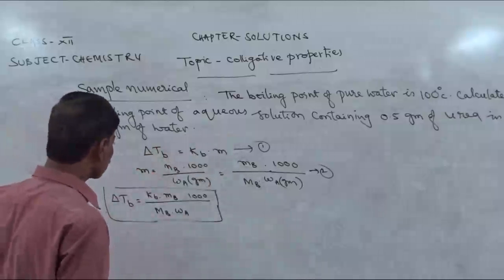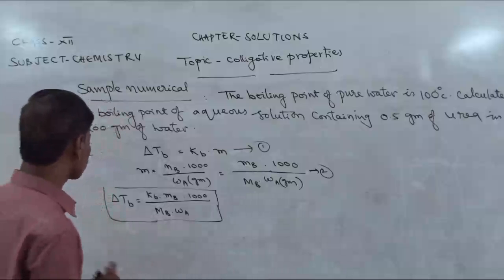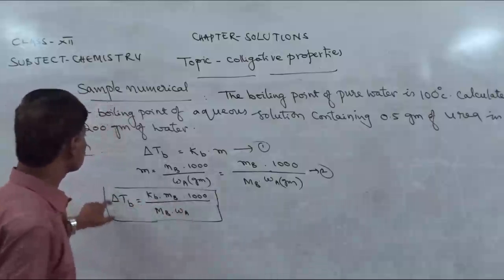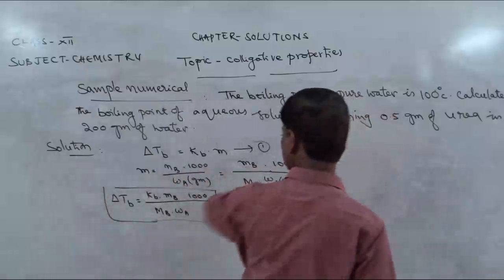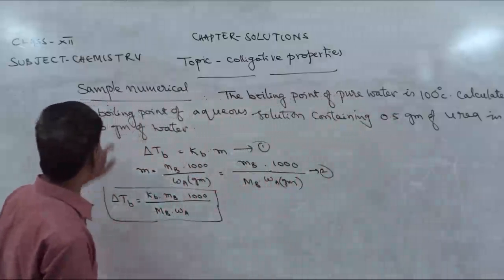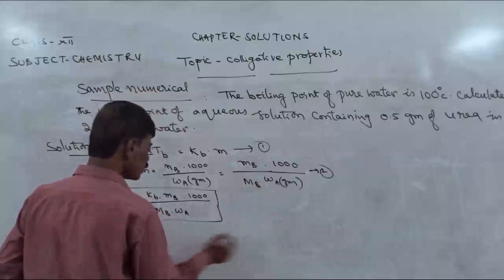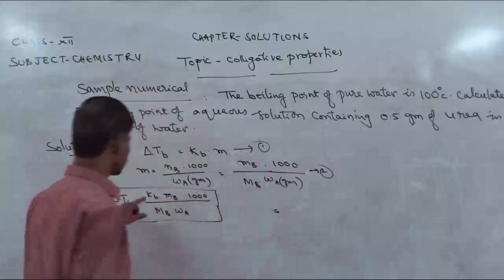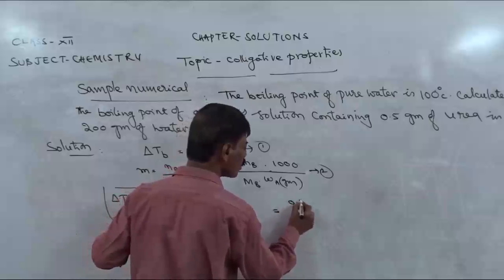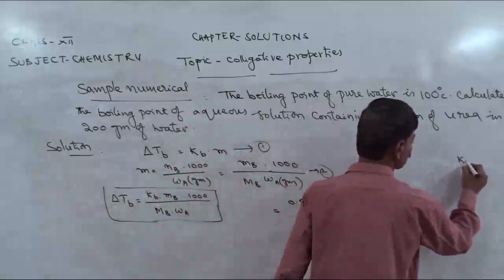Now, the values given in this sample numerical can be substituted in this way. Here, delta TB is elevation in boiling point. The boiling point of pure water is 100 degree centigrade, and the aqueous solution contains half gram of urea. So in this expression, Kb value for water is 0.52. This is a constant value. 0.52 Kelvin kg per mole is what you need to remember.